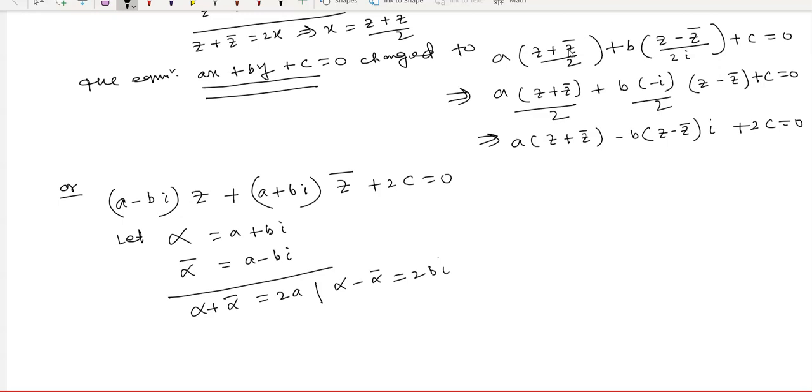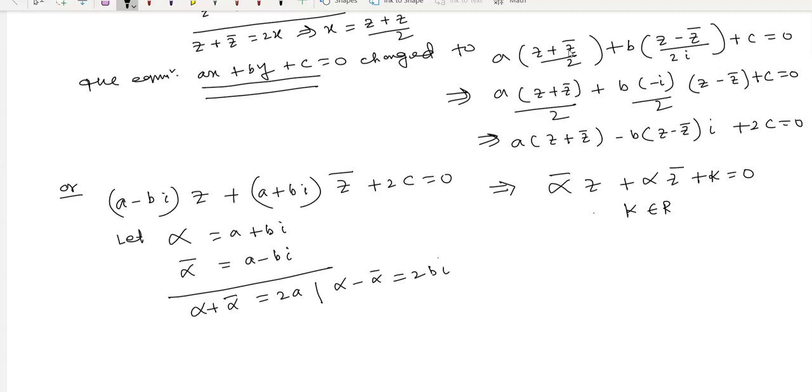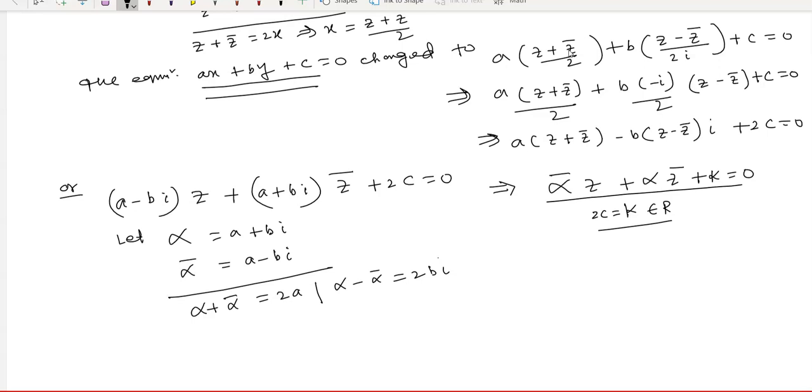So this equation will change to alpha bar z plus alpha z bar plus K equal to 0, where alpha and alpha bar are defined by this equation. They are conjugate to each other and K belongs to R. Only K is a real number; 2c we have replaced by K. So in the complex plane, the equation of a line is going to be of this form.